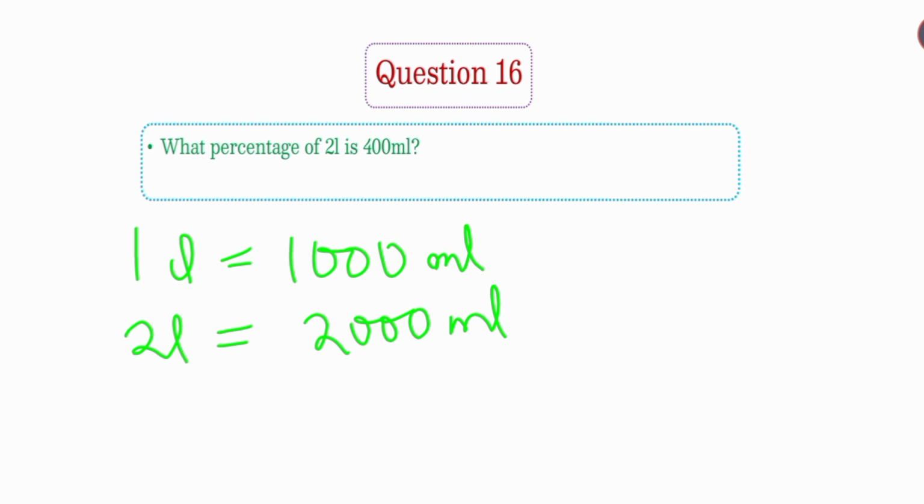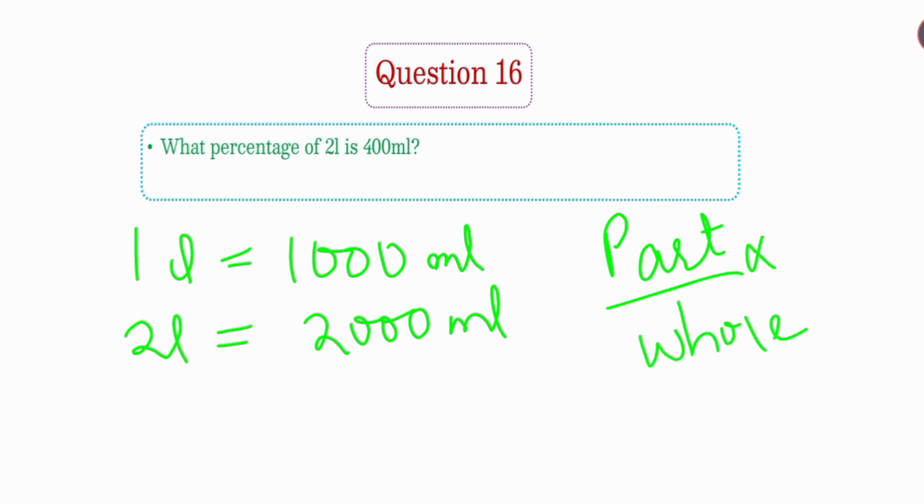To work it out, we'll just use the formula: part over whole times 100. If we use this formula, we get our answer.